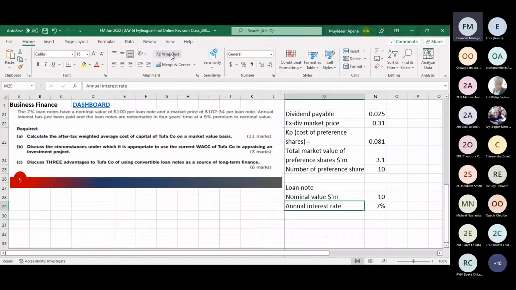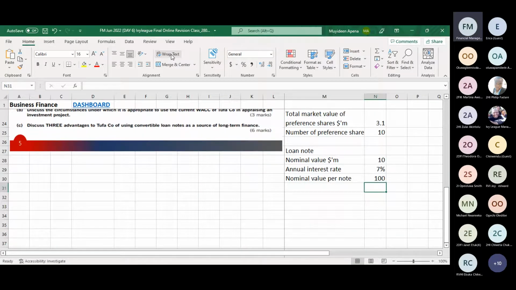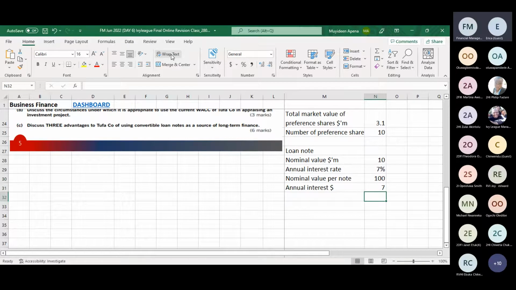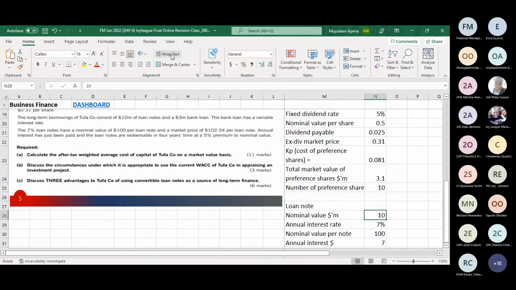And we are told it has a nominal value of $100 per loan note. So nominal value per note is $100, on which we can compute annual interest in dollar. That will be equals to 7% of $100. That's $7.